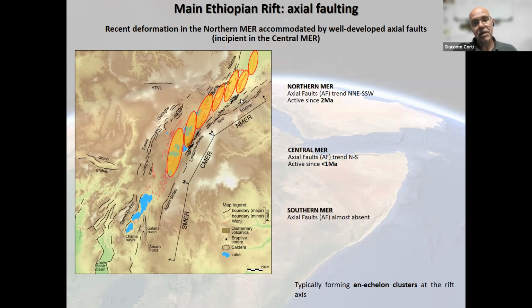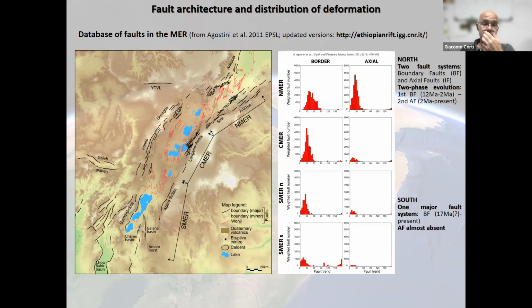You see here the boundary of the rift; they are northeast-southwest in this region, and these axial faults are instead more north-northeast, south-southwest. So we have these two different systems of faults which have different timing and also different orientation.